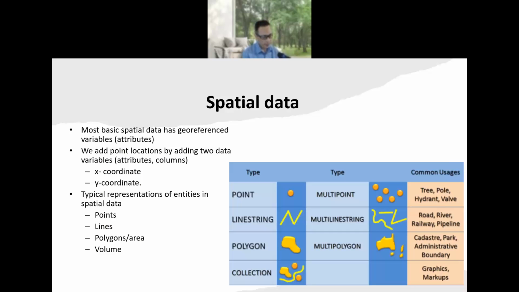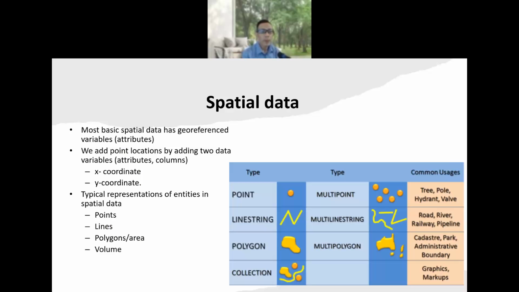For example, district, mukim, or state, or country. We can also have, for example, a building, if the building is huge. So the boundary of the building can also be a polygon. And then we can have collections of those three data types. We can have point, line string, and polygons in the same spatial data.